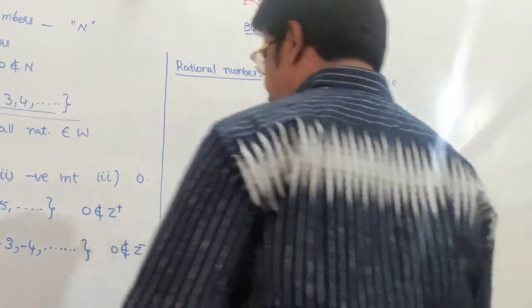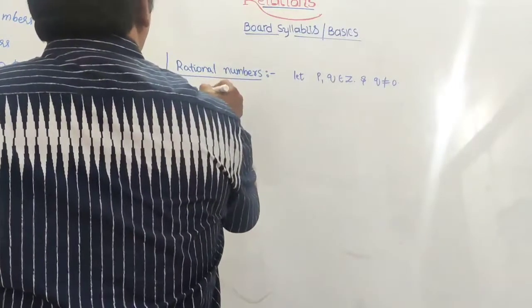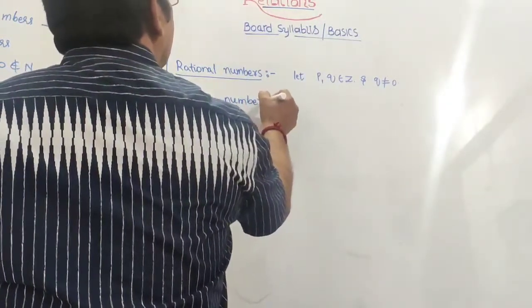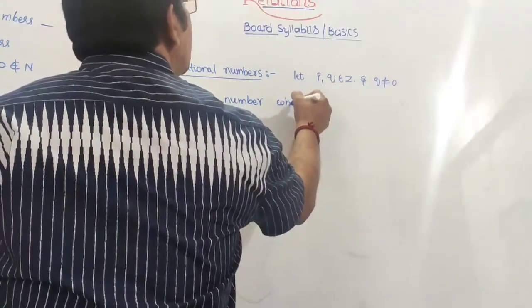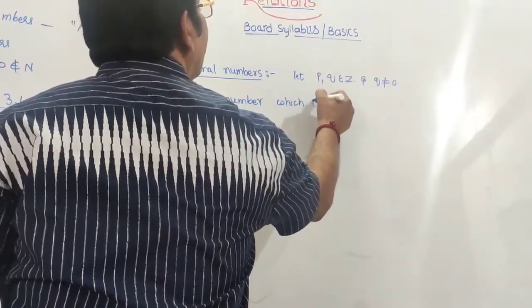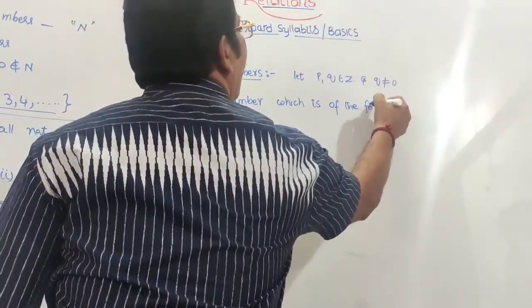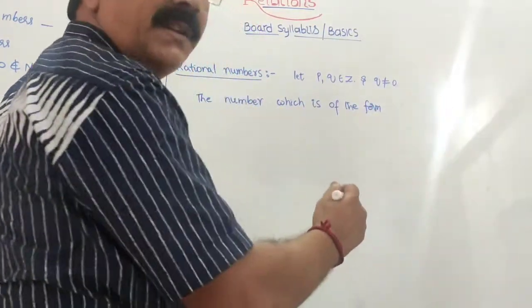And the number which is of the form P by Q is called a rational number. Is it visible?